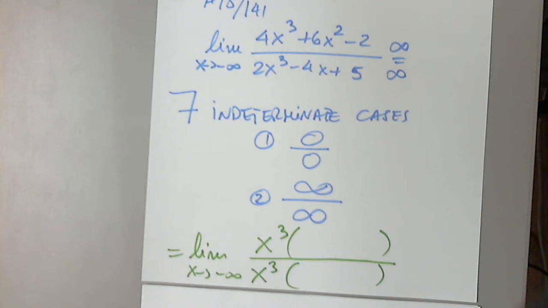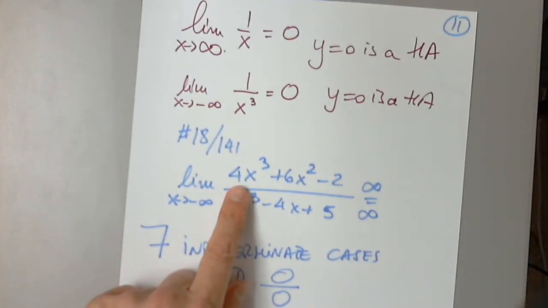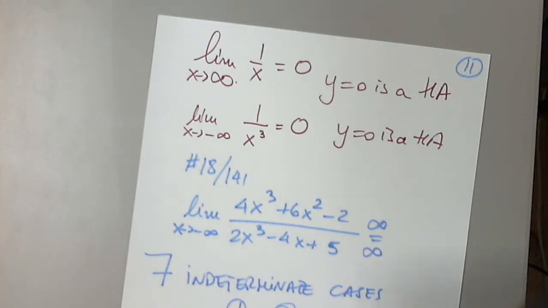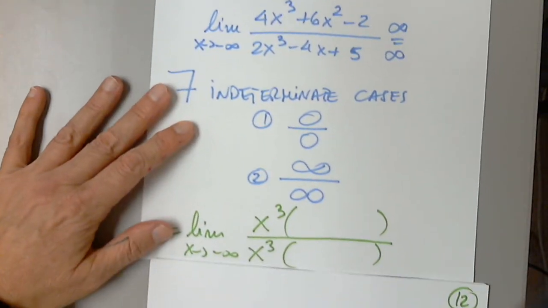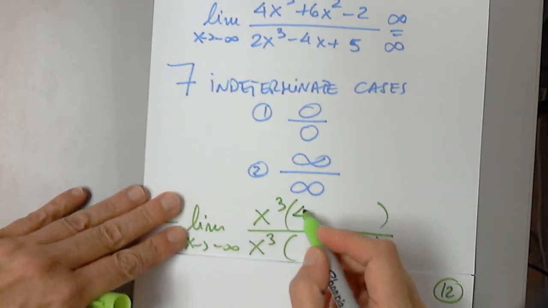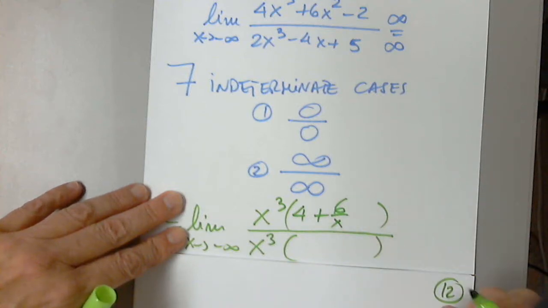So now please give me 3 terms at the top and 3 terms in the denominator, such that if I redistribute x cubed times this, it will be 4x cubed, the middle term will be this, and so on and so forth. So, what will you say? 4 plus. Excellent. Minus.